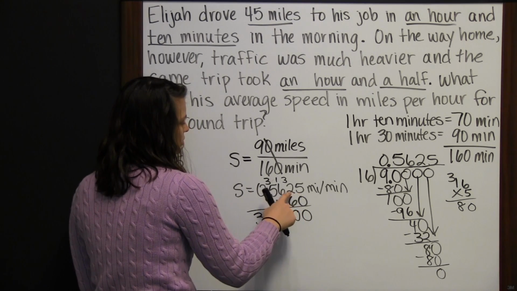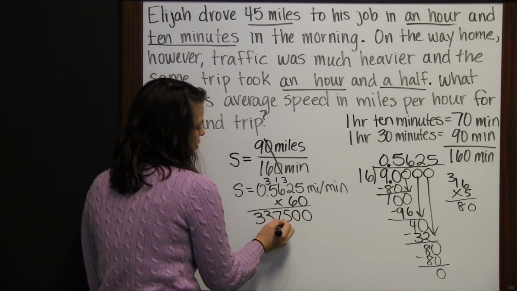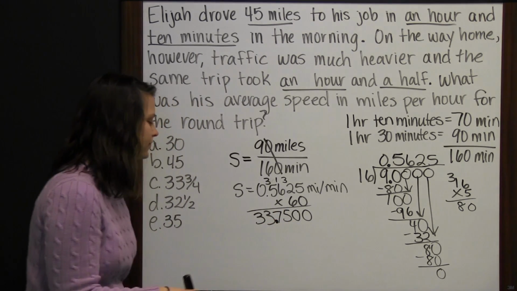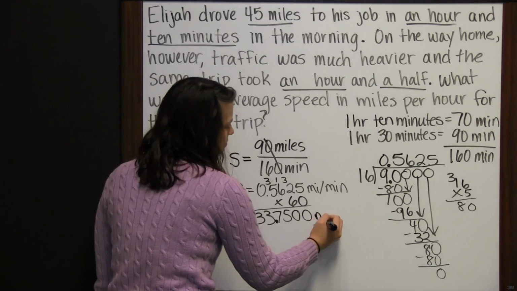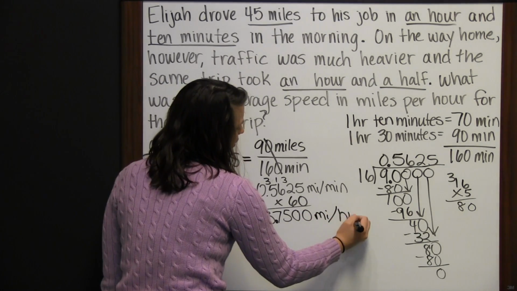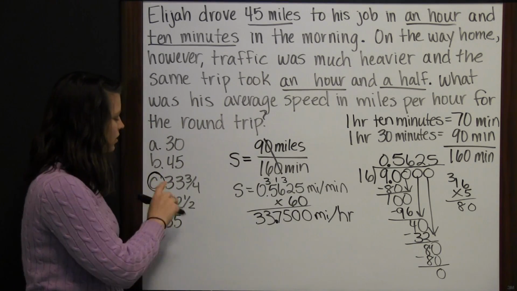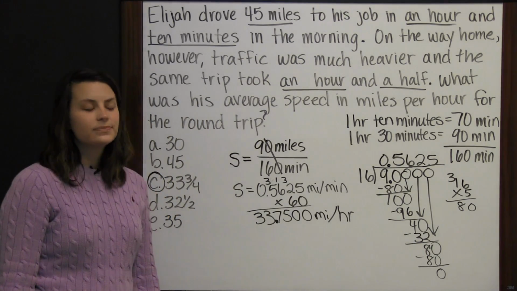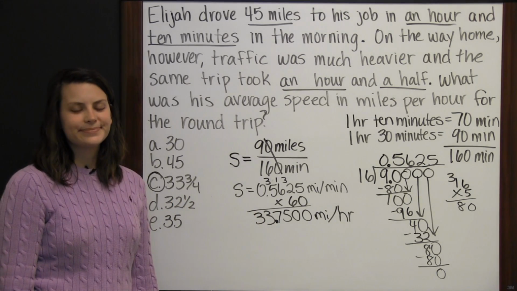And we have 4 numbers behind the decimal, so your answer should have 4 numbers behind the decimal. So it's 33 and 75/100 miles per hour, which is the same as 33 and 3/4 miles per hour, since 3/4 and 75/100 are equal.